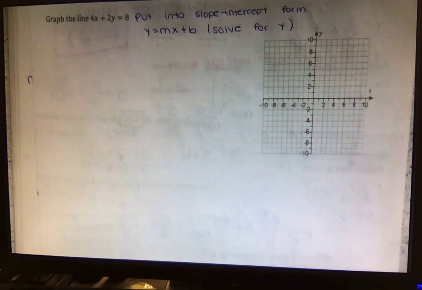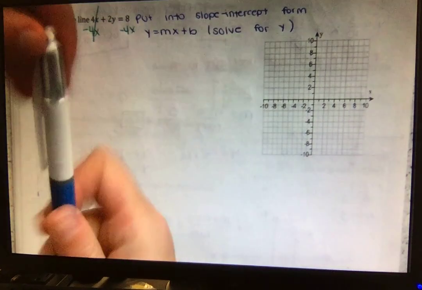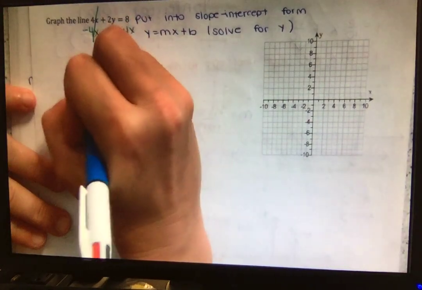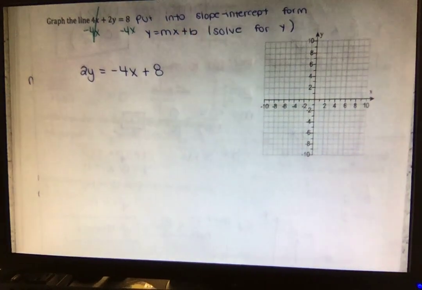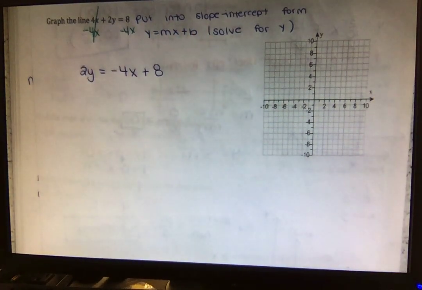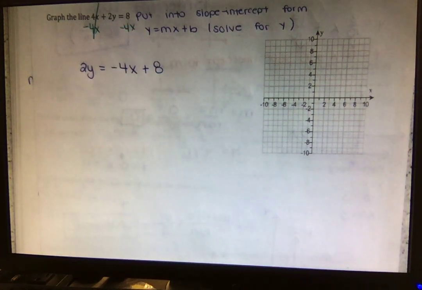So what would be our first step? Subtract 4x from both sides. Thank you. So 4x minus 4x goes to 0, cancels out. We're left over with 2y equals -4x plus 8. Remember, I want it to be mx plus b, so I want it in that order. My 4 is negative, my 8 is positive, so make sure to keep your signs right, no matter what order you write it in.